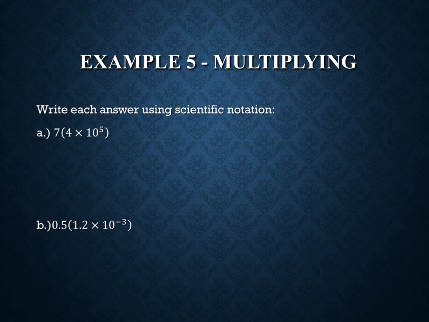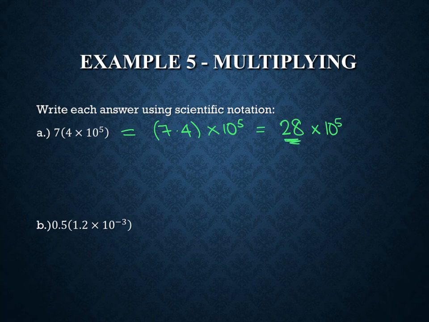Now we can also perform mathematical operations with scientific notation. When we are multiplying, like in part A here, what I really have is I'm taking my 7 and multiplying that by 4, and that's still going to be times 10 to the 5th. So I end up with 28 times 10 to the 5th, which is fine.